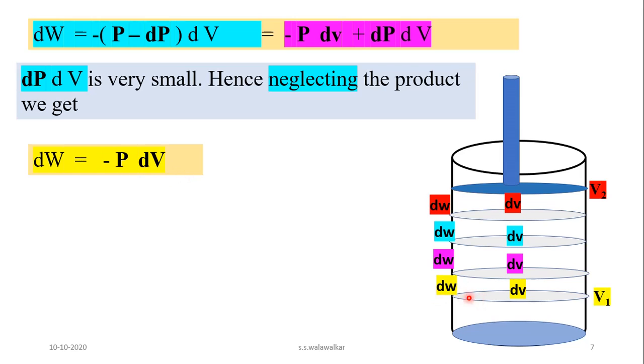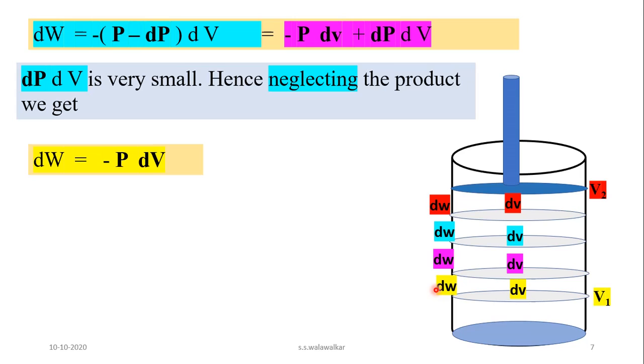So this is the work done in a single step. Here the change is carried out in a number of steps, and in every step a small increase in volume takes place, from the initial volume V1 to the final volume V2. Every time the volume increases by a very small amount by decreasing the pressure by a small quantity dP, so that displacement of the piston takes place.